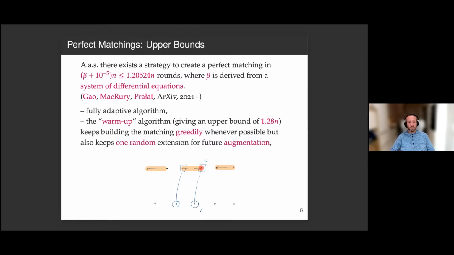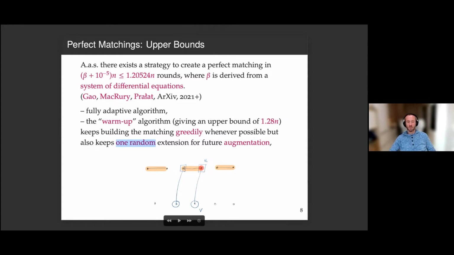So for an easier analysis of this warm-up algorithm, we can simply track only one extension, right? So of course the question is, what do we do if the second square lands here? Of course, it probably makes sense not to pause and not to just give up and say, okay, I don't care about that second square.